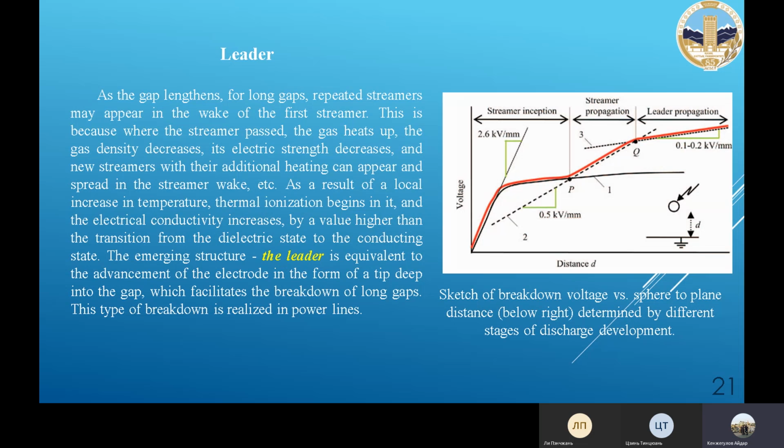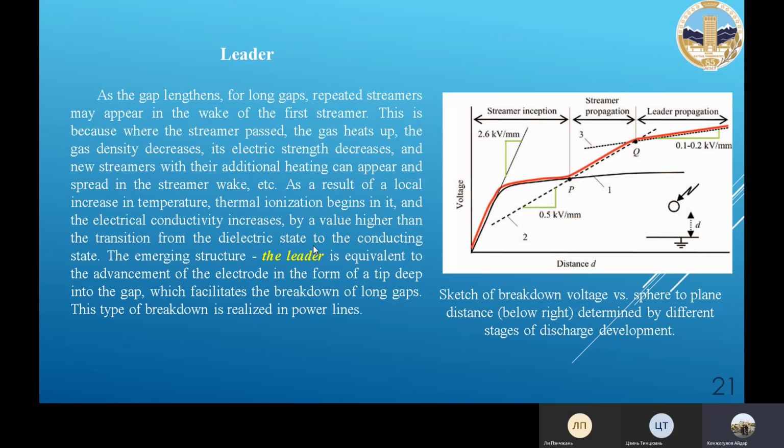The emergent structure, the leader, is equivalent to the advancement of the electrode in the form of a tip deep into the gap, which facilitates the breakdown of long gaps. This type of breakdown is realized in power lines.